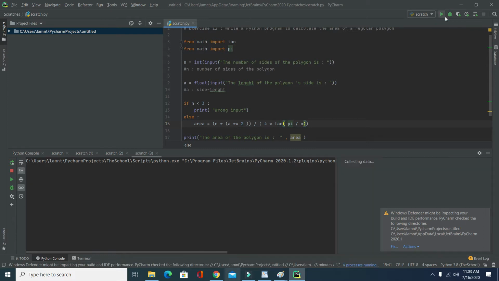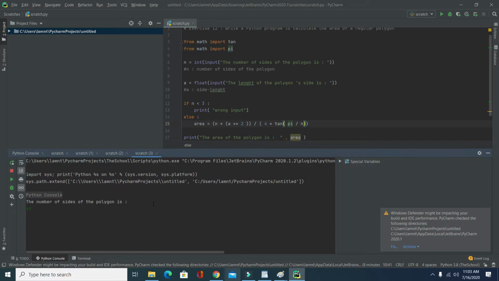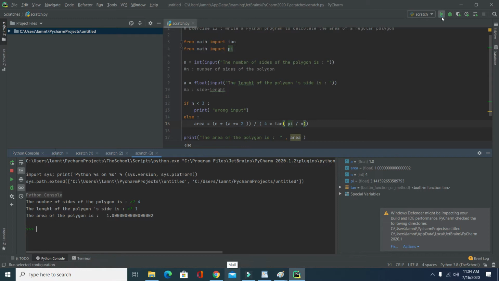Number of sides 4, and side length is 1. So it's 1. The 0.002 is a calculation error, because the computer calculates in a discrete, not continuous way. So it's likely that it has some error there. No problem.